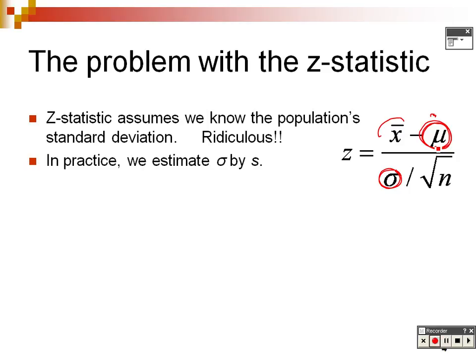In practice, and we're going back here to chapter 1, 2, when we want to estimate the population standard deviation, sigma, we use the sample standard deviation, S. And let me remind you about S. Here's how we get S. First, remember that's the sample standard deviation.